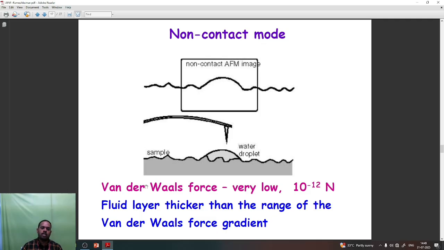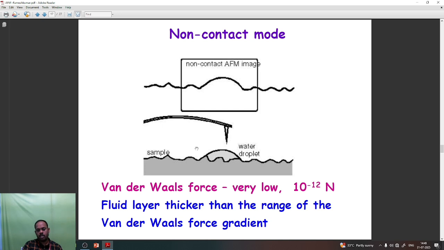Here is another type of AFM operation, non-contact mode. Here the cantilever tip does not touch the sample surface, so the tip will not be damaged anymore.